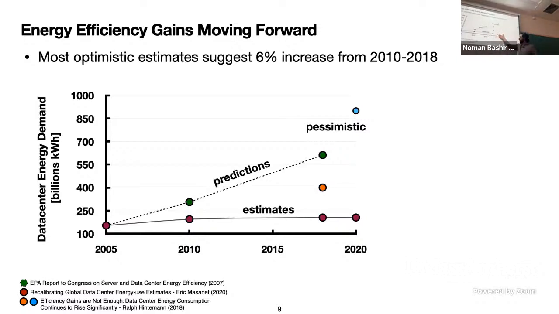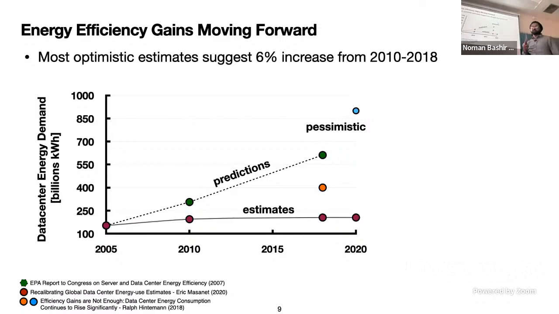But at the same time, some people say that this figure is not realistic, and the actual energy consumption of data centers is somewhere around 900 billion kilowatt hours. It doesn't matter which number you believe here.